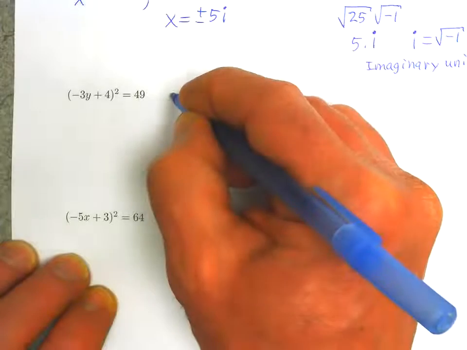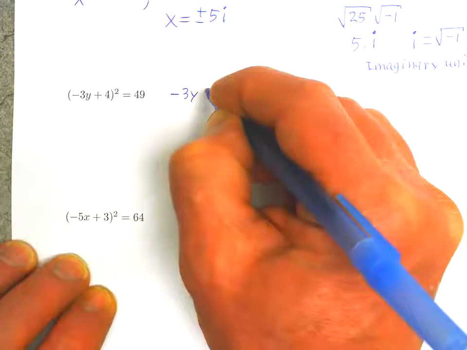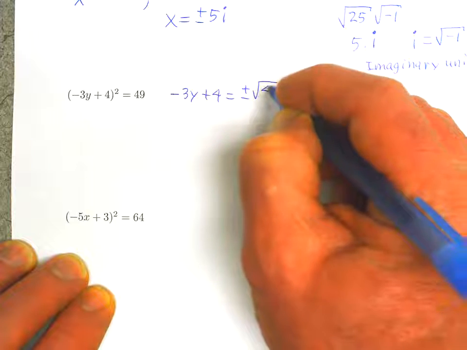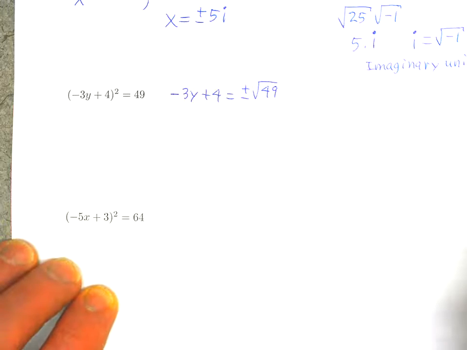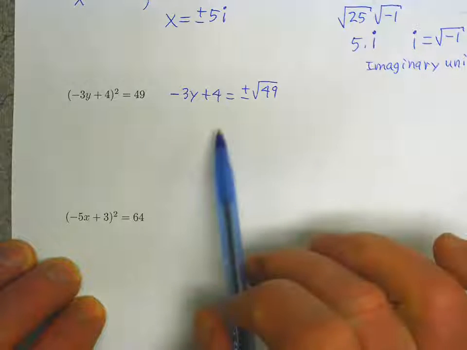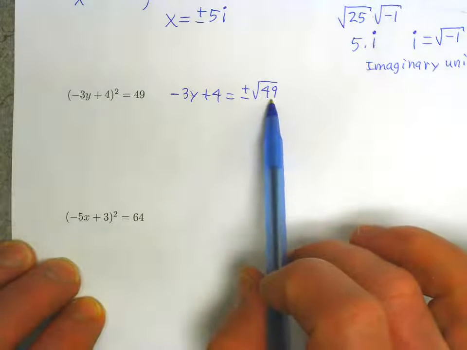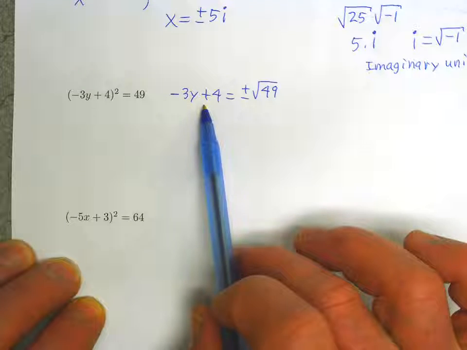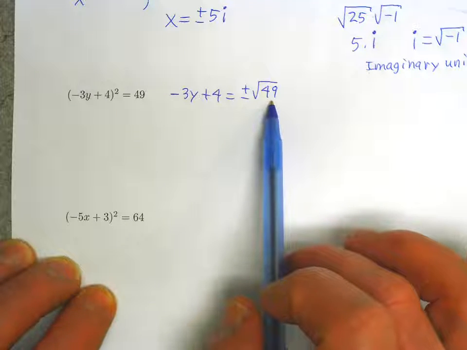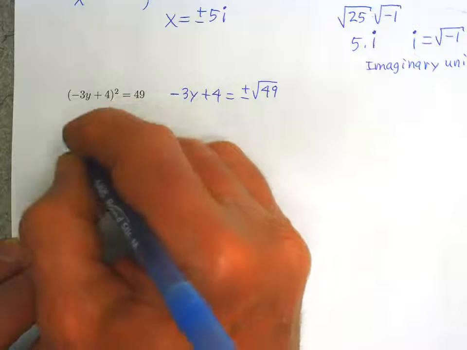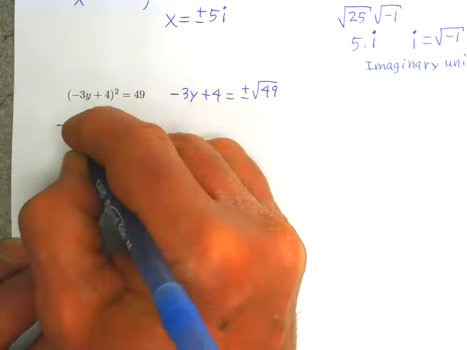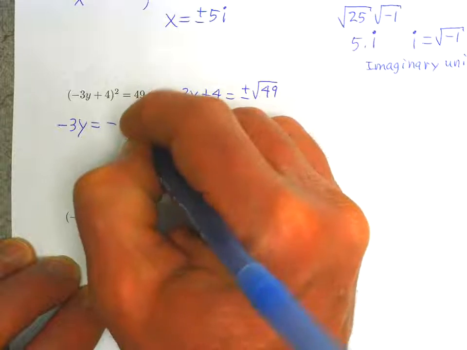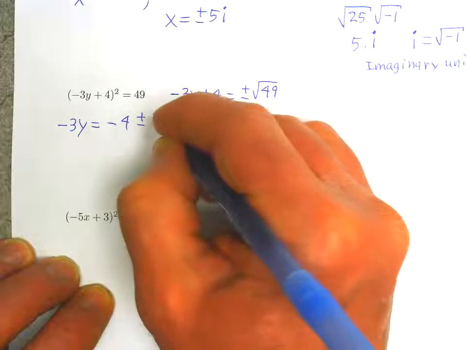So in step 1, we get negative 3y plus 4 equals positive and negative square root of 49. Okay, so we can simplify the square root of 49 to 7, and we'll subtract 4 from both sides. So let's go ahead and do both of those at once. So we have negative 3y equals negative 4 plus and minus 7.